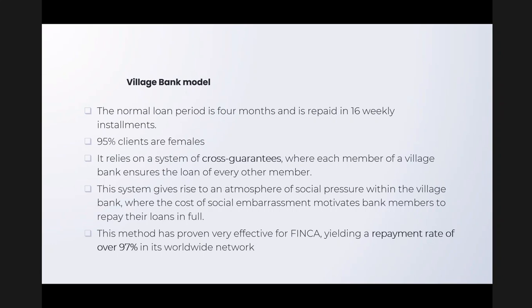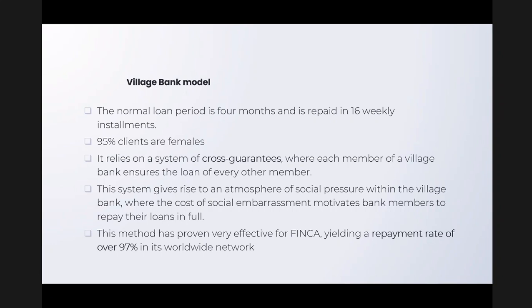So it relies on a system of cross guarantees where each member of a village bank ensures the loan of every other member. This system gives rise to an atmosphere of social pressure within the village bank, where the cost of social embarrassment motivates bank members to repay their loans in full.